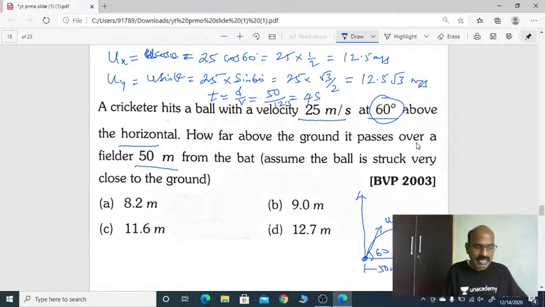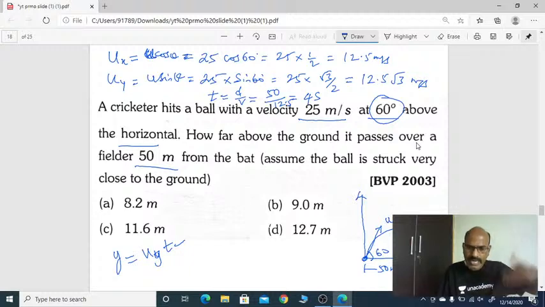Now, what is the vertical height? That is the question. S equals ut. Vertical height means uy, along the y-axis you have to take it.